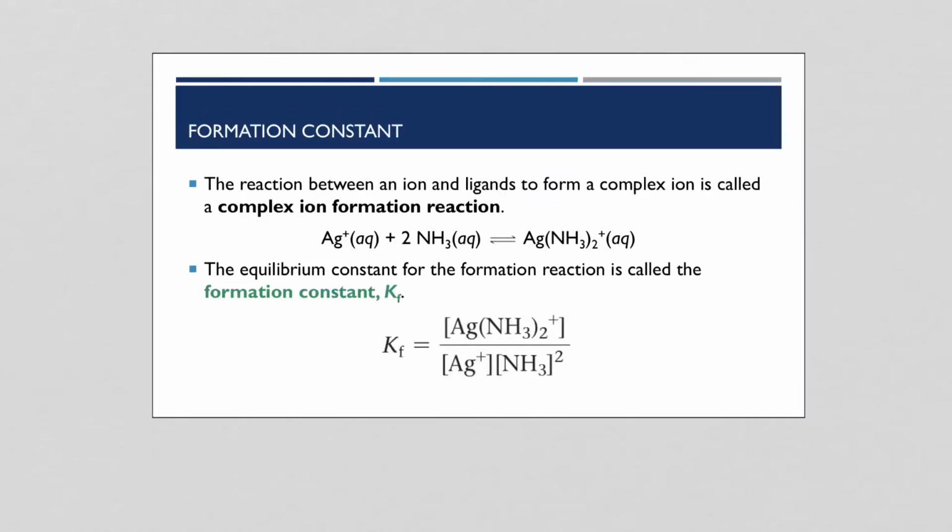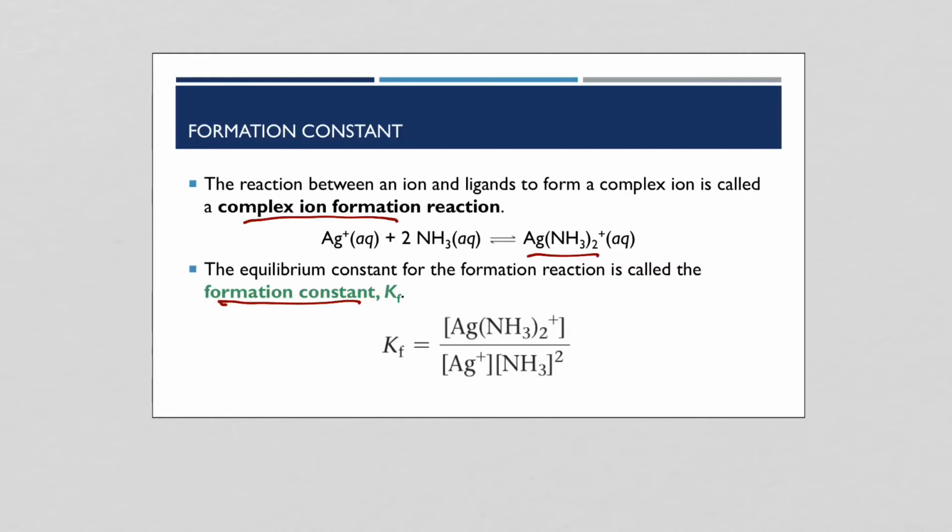So now the equilibrium itself. The equilibrium between the free species and the complex ion is called the complex ion formation reaction, right? And the equilibrium constant for this is called a formation constant, abbreviated as Kf. And of course, our equilibrium expression is going to be, as always, products over reactants.